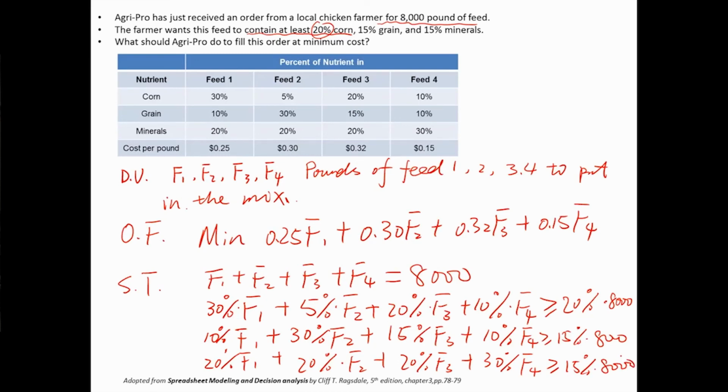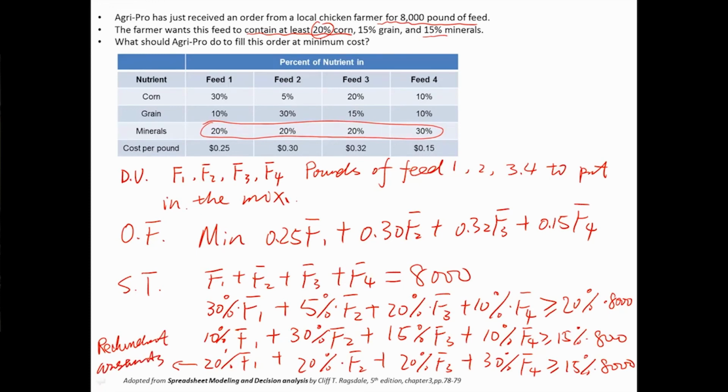So you got the same? If we look at the minerals, the percentage contained in all the feeds is at least 20%, and here it requires at least 15%. That means no matter how you mix them, the mineral requirement will be met. I will still put it here, but this is a redundant constraint, because it will be fulfilled anyway.